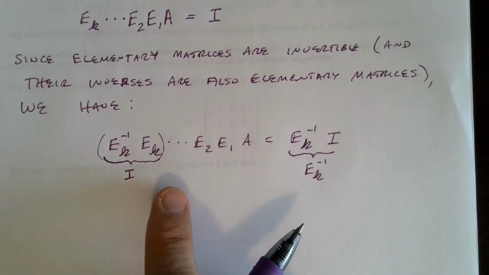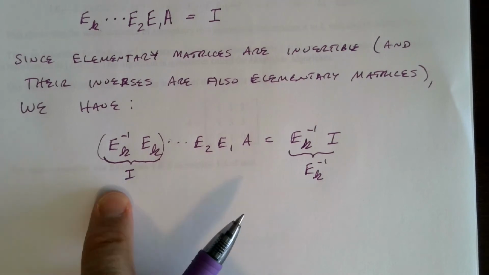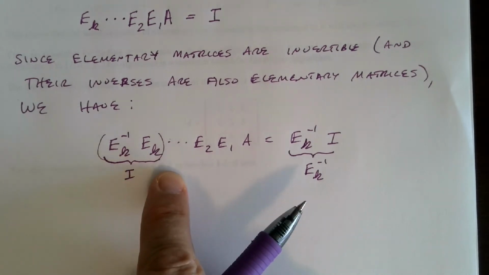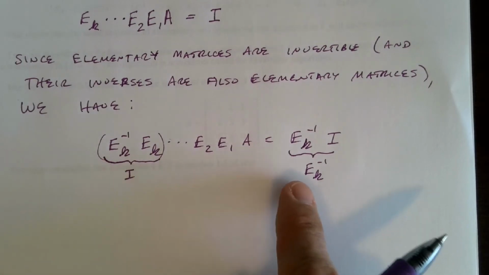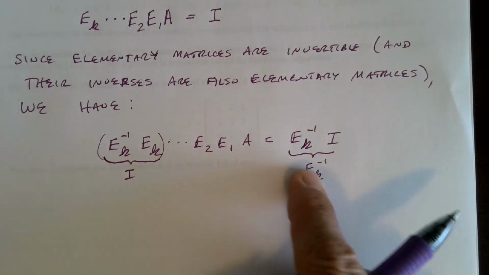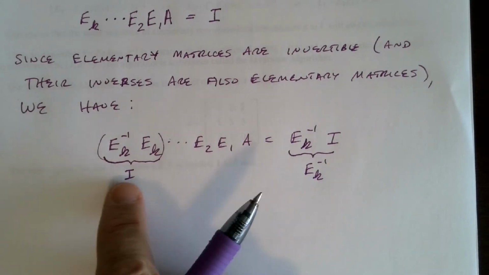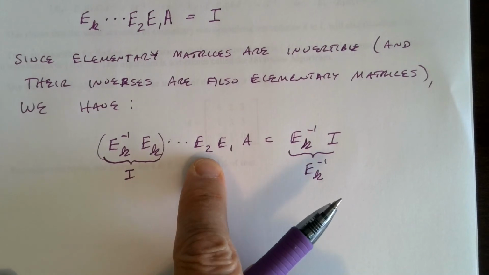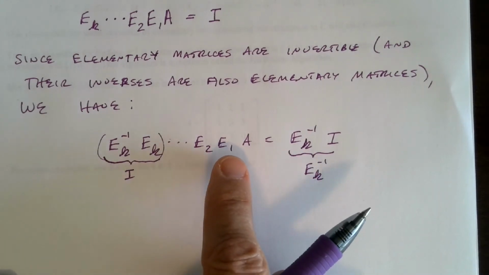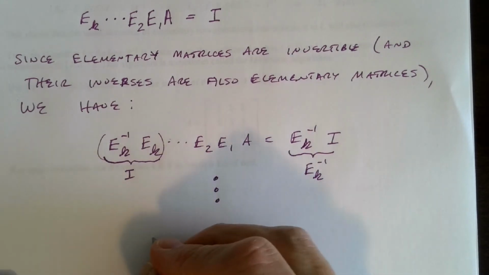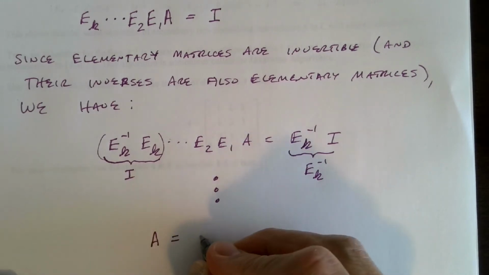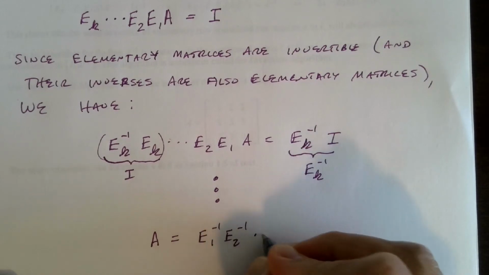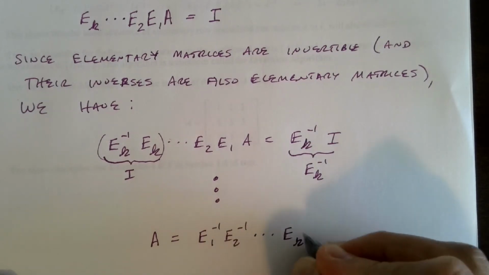Now I'm going to multiply by the inverse of E sub k minus 1 on the left. That will peel away the next elementary matrix here, but it will add it here to the left, and keep building to the left. I'll continue all the way down until I multiply by E sub 2 inverse, and then finally E sub 1 inverse, and I'll be left with A all by itself here, and in order, E sub 1 inverse, E sub 2 inverse, all the way down to E sub k inverse.